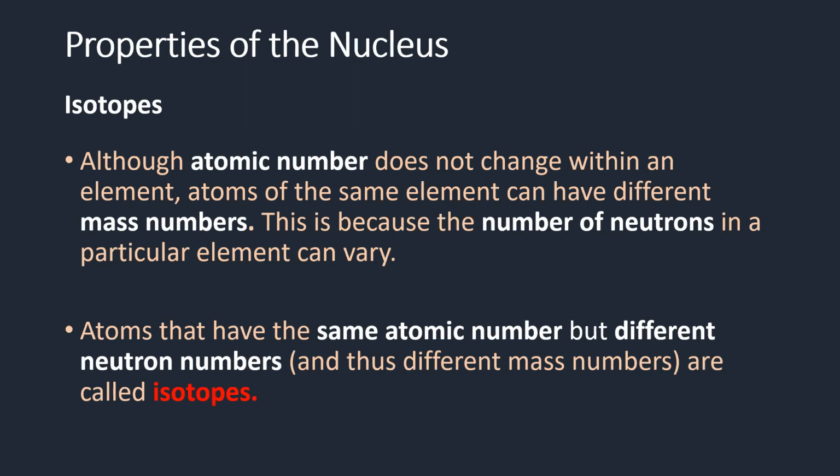So atoms that have the same atomic number, or the same identity, but have different neutron numbers and different mass numbers are called isotopes. So an isotope varies in how many neutrons the atom has. The atom's going to have the same amount of protons, but different neutrons.